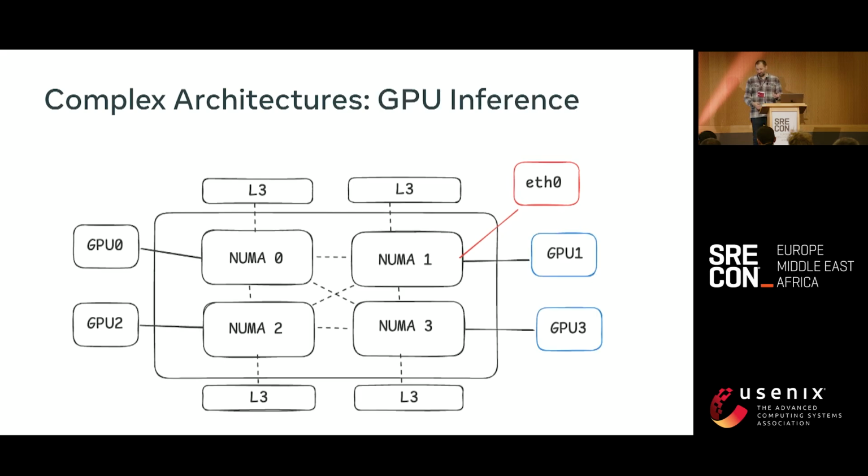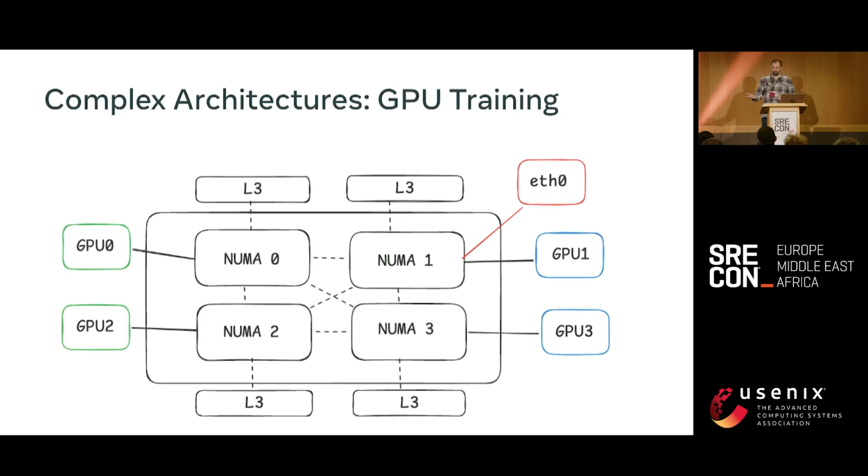And then another team says, hey, we're trying to do our GPU inference on GPUs 1 and 3 because they're closest to the Ethernet card, so we don't want a bunch of cross NUMA chatter or memory bandwidth utilization if we don't need it. And then you have another team who says, hey, maybe we should do GPU training on these other GPUs because no one's really using them because the NUMA latency is so bad.